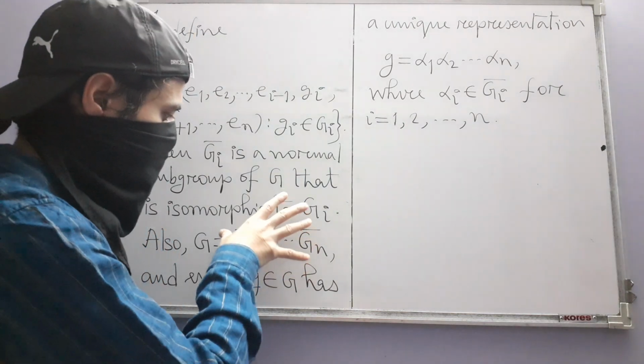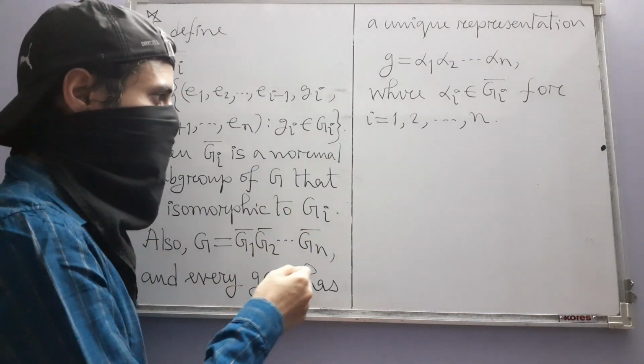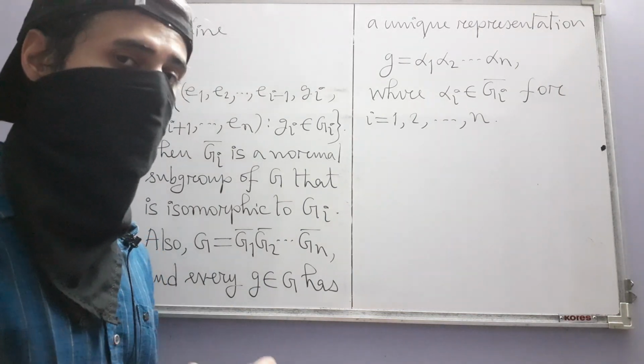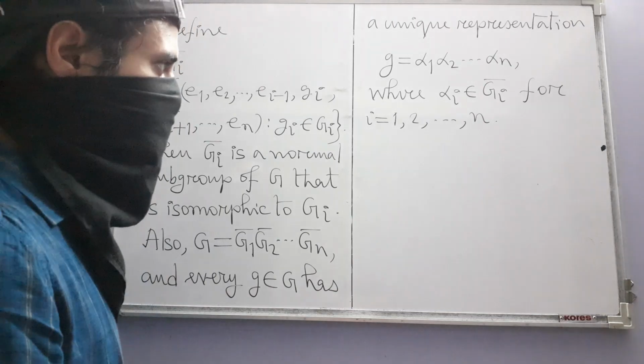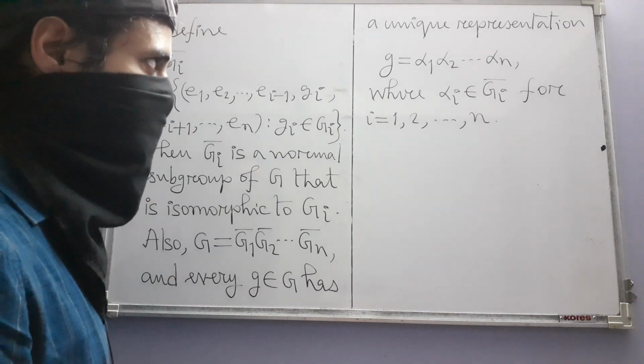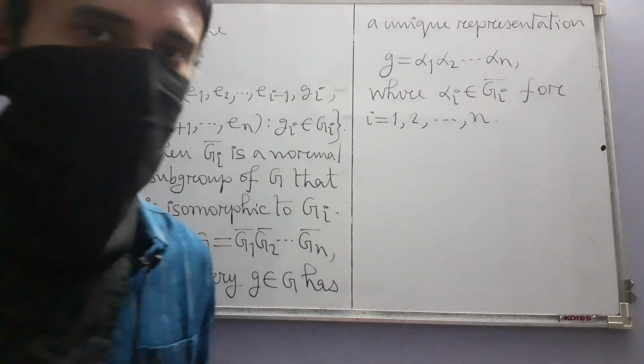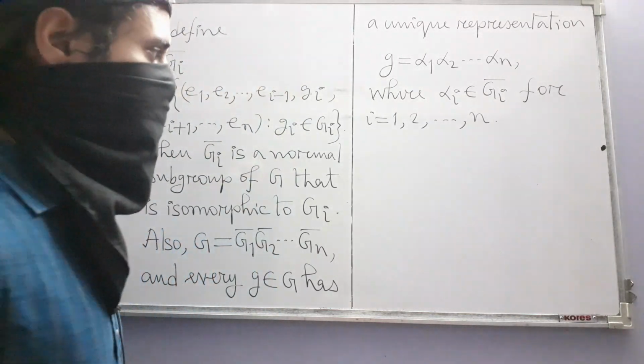Now, using this observation, we are going to define something else, an internal direct product. So that is the next definition. With that definition, actually we are going to stop, but let's see what that thing is.